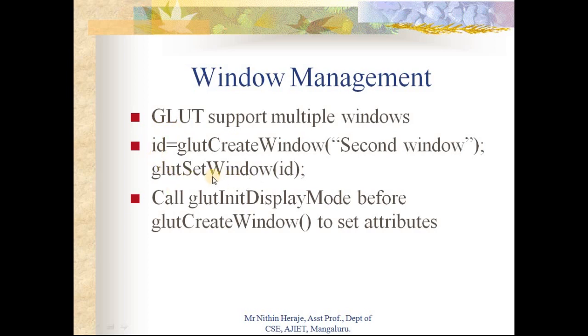Next is glutSetWindow, which is used to mention which window should be the current window, because if you are creating many windows, you have to set one window as the current window at any given time. Then you can call set window by passing its ID.